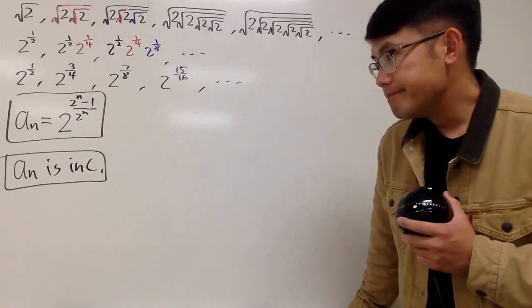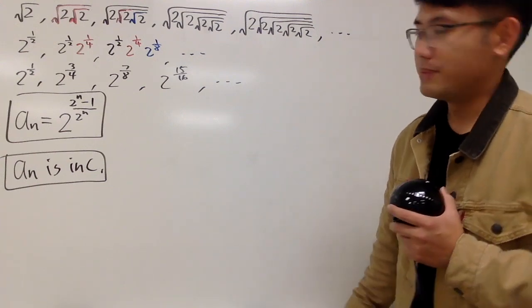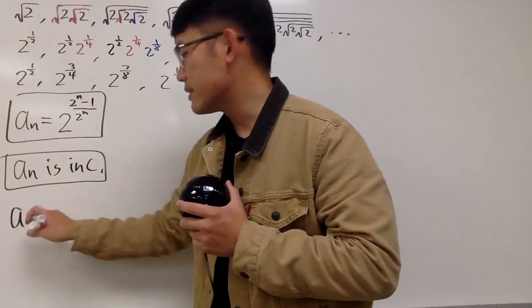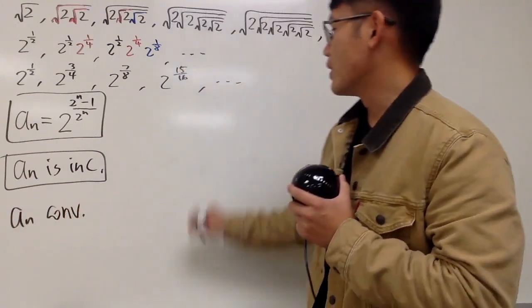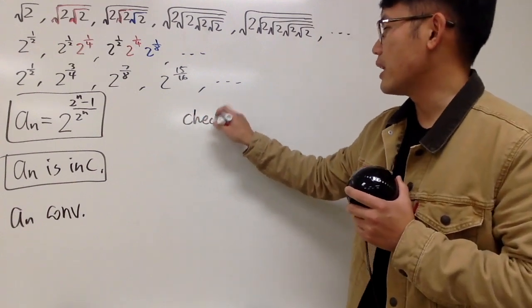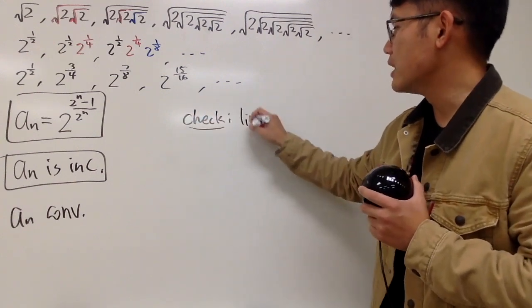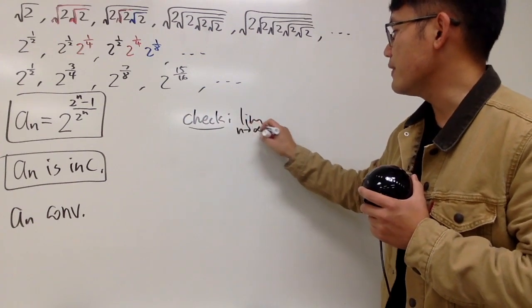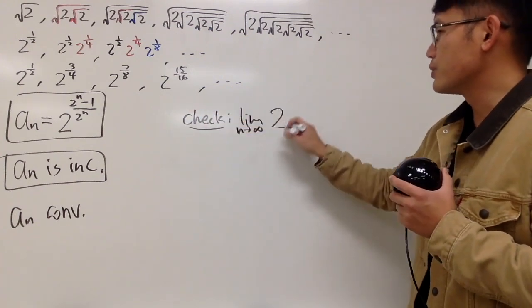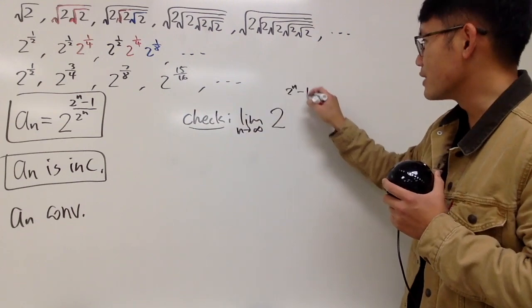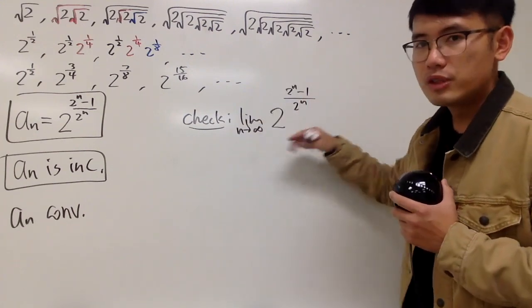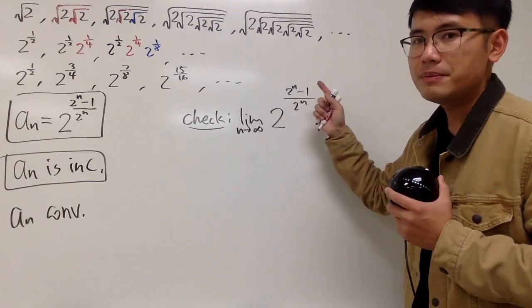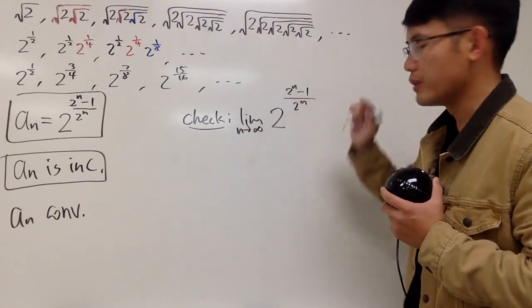Well, does a_n converge? a_n does converge. I'll show you. And to do so, let me just put down on the side, we will have to check the limit as n goes to infinity of a_n, which is 2 to the (2 to the n minus 1) over 2 to the n. Ignore the base for now. Just pay attention to this power here, because you have 2 to the n and also 2 to the n here.